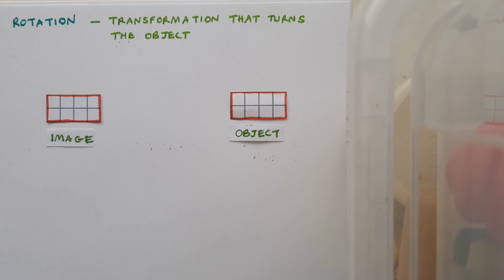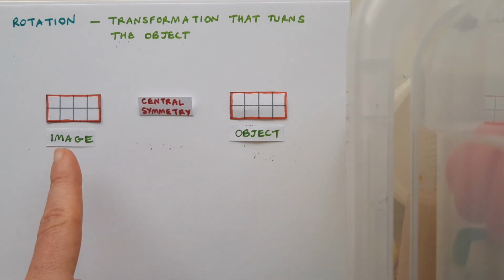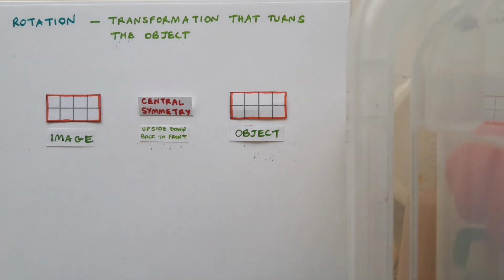Well, we've already spoken in this video about the idea of 180-degree rotation having the same effect as central symmetry. And while the object and the image look identical, we can also see that the image is actually the object upside down and back to front. Hence the link to central symmetry, even though in this case, upside down and back to front looks the exact same as the original.